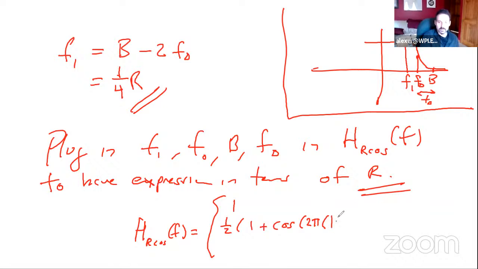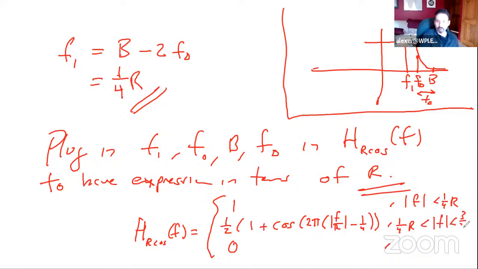So you get this, F over R, and you get this. Why do we care about expressing it in terms of R? Sorry, that's a 4. And here's the reason why.